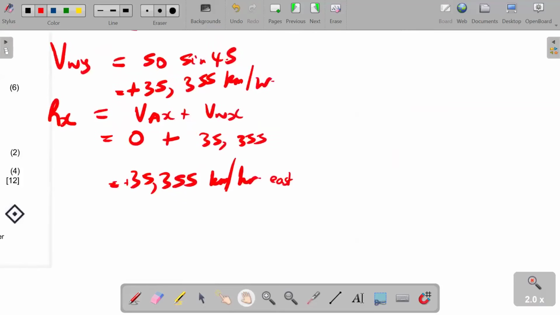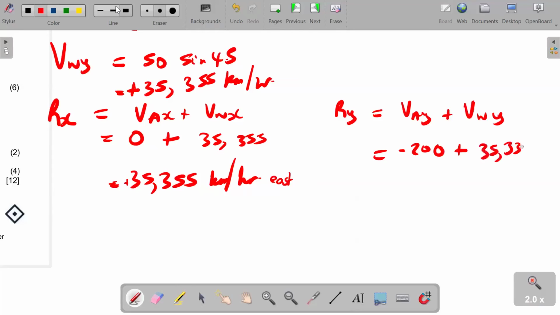Let us go to Ry, the resulting component of the vertical components. It is going to be given by VAY plus VWY. What is our VAY? That's negative 200, the one we had there, plus our VWY, which we got again as 35.355.